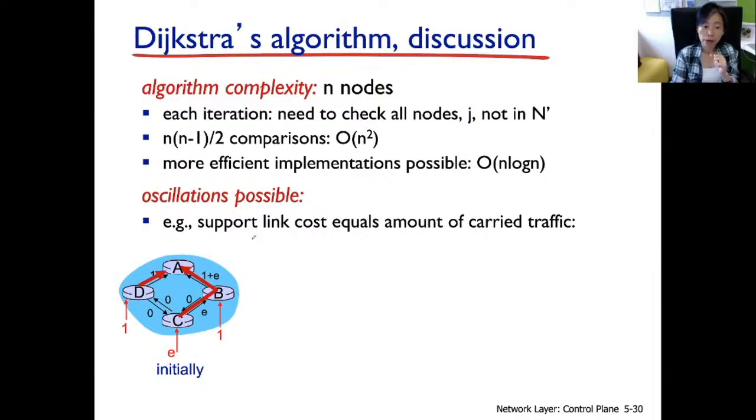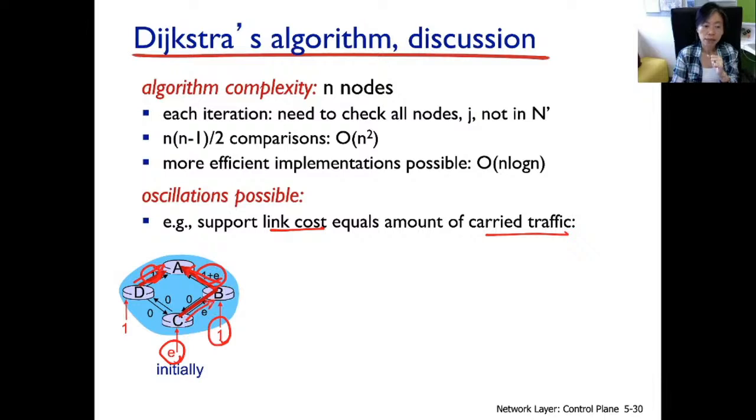At this point, we need to update the link cost based on the traffic going on the link. For link DA, the amount of traffic is one portion. For link BA, the amount of traffic is one portion plus the e portion from C. So total cost, 1 plus e.